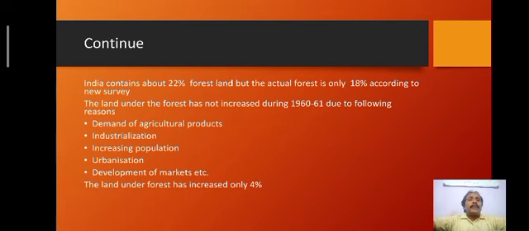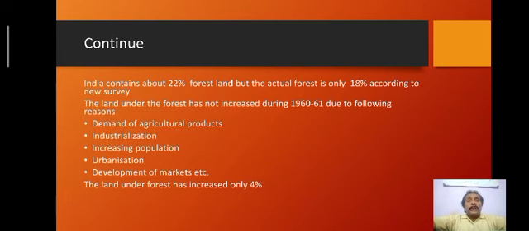The land under the forest has not increased since 1960-61 due to the following reasons. Reason number 1, demand for agricultural products, industrialization, increase in population, urbanization, development of markets. So these have occupied huge land, and due to that the people are unable to develop the forest area.